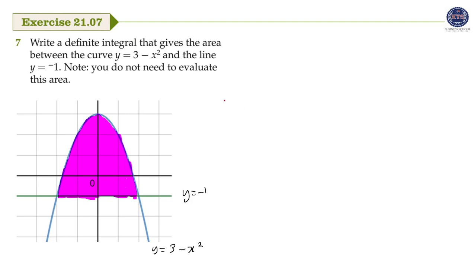Okay, now for your integration, first thing first, we have to get the point of intersection over here and over here. What is the value of x over here and what is the value of x over here? So therefore you have to equate both first. Okay, so 3 minus x squared equal to negative 1.